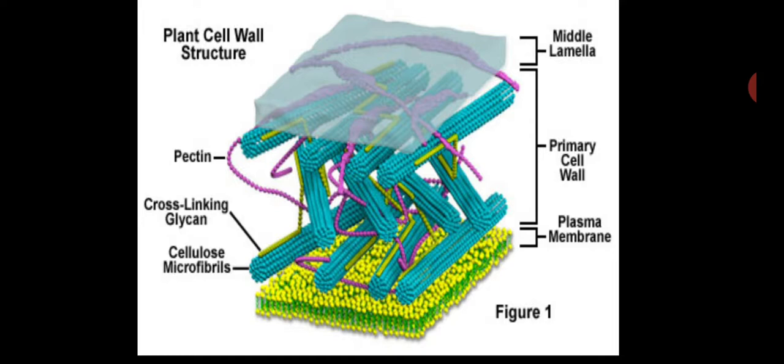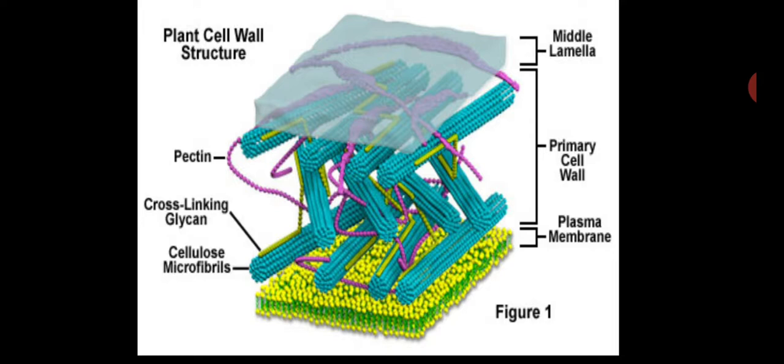The cell plate grows in a centrifugal manner, that means from the center to the periphery. The cell plate extends till the cell wall, and only then does the mother cell divide into two daughter cells. So the first formed layer is the middle lamella.